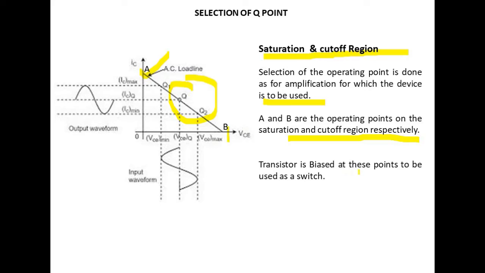Transistor is biased at these points to be used as a switch, because at saturation point, that is A, the current will be maximum, it means it will be in on condition, and at B in cutoff current will be 0, so it will be in switching condition.